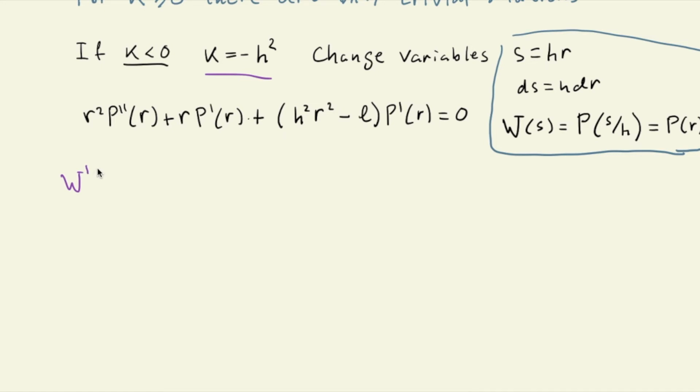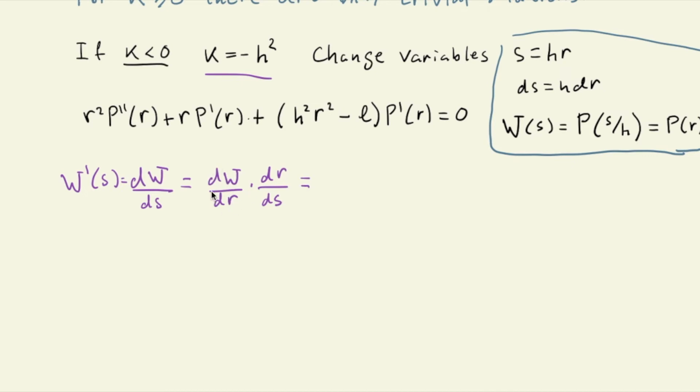The first derivative of w, dw ds, you can use the chain rule. This is dw dr times dr ds, if you use the chain rule.